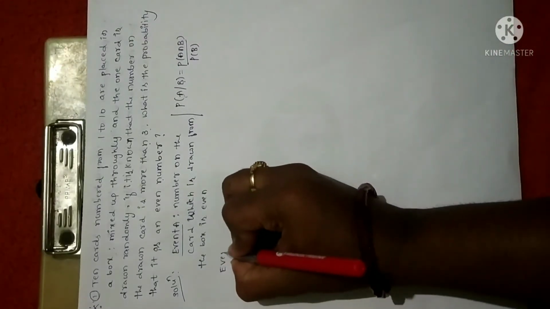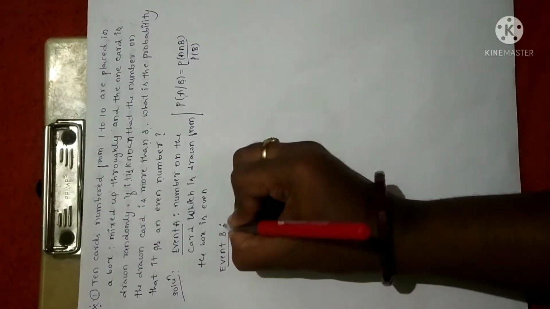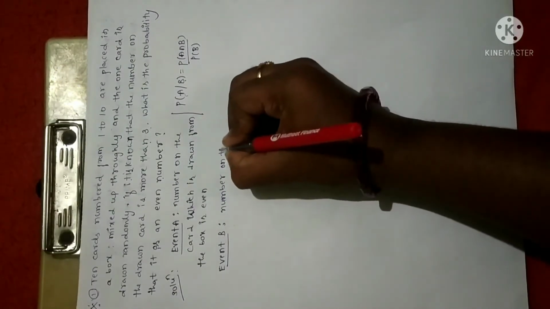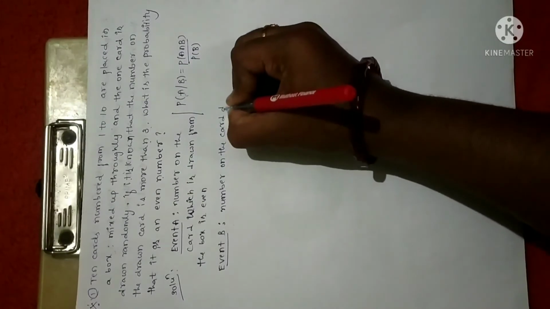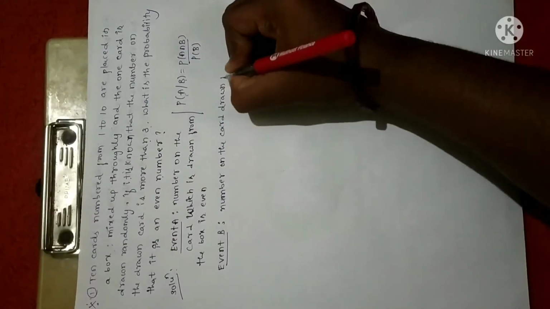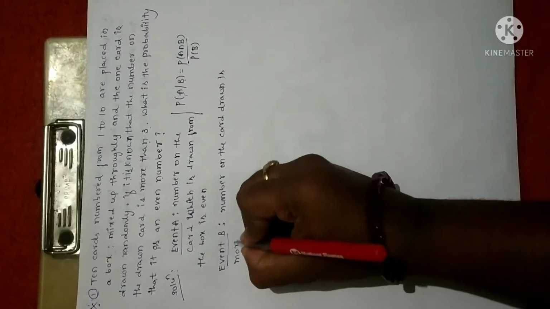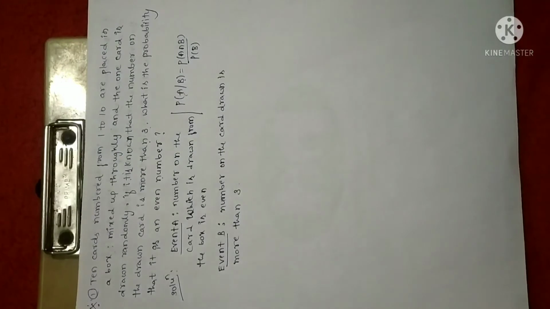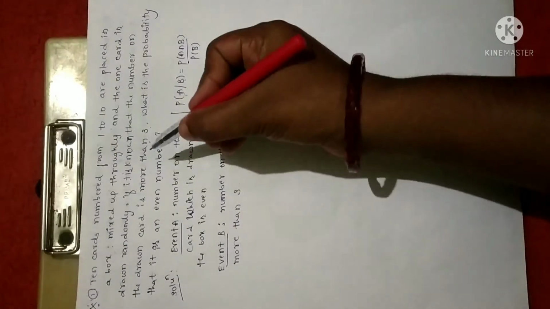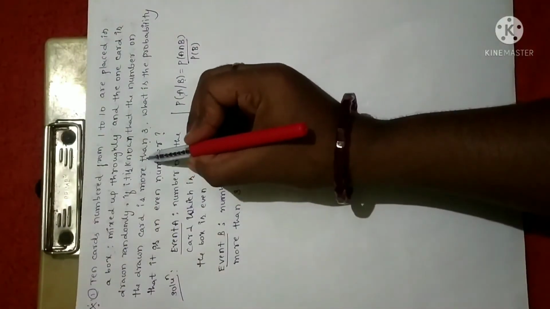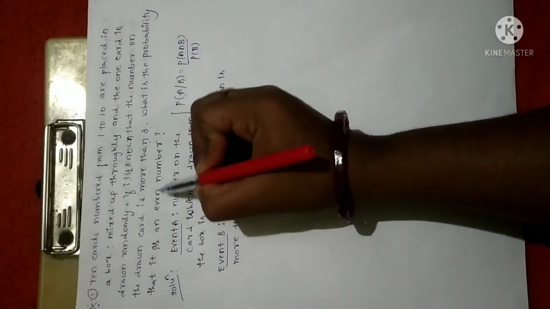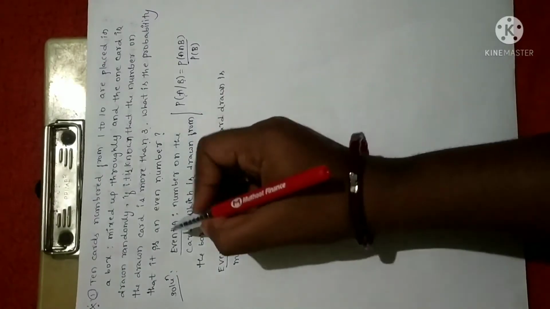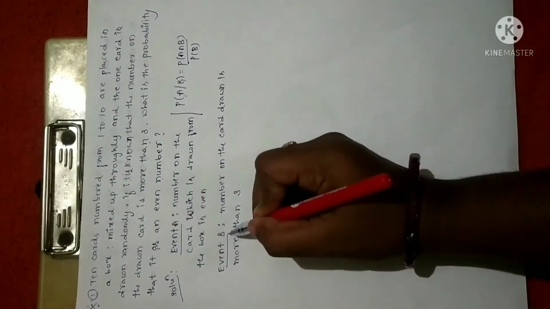Let me take the second event, event B: the number on the card drawn is more than 3. So here we have two events. When we draw a card whose number is more than 3, we have to find the probability that the number is even. I have taken that as A. Here we have to find the probability of the unknown event A with reference to B.